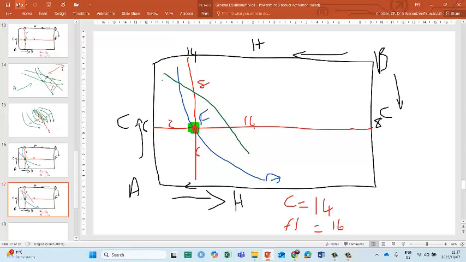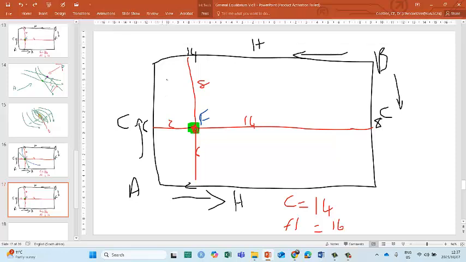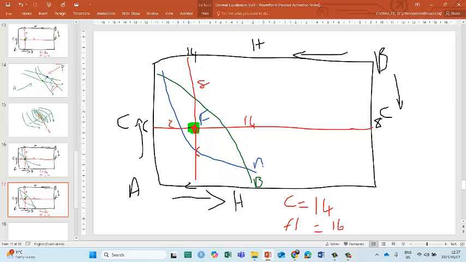So sorry, we could just go back and redraw it as is. Sorry, it's always difficult to draw it with these pens. So we have an indifference curve of A there, and we have an indifference curve of B there. So that's person B, and that is person A.